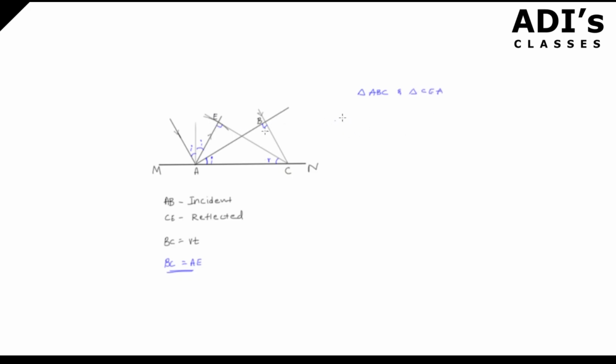Now in the figure, this is 90 because it's perpendicular, and CE is tangent, so this will also be 90.